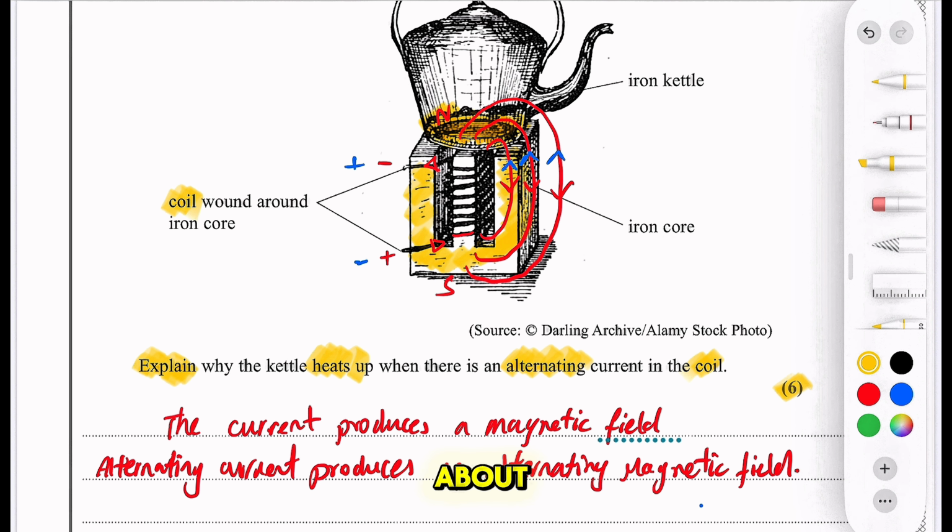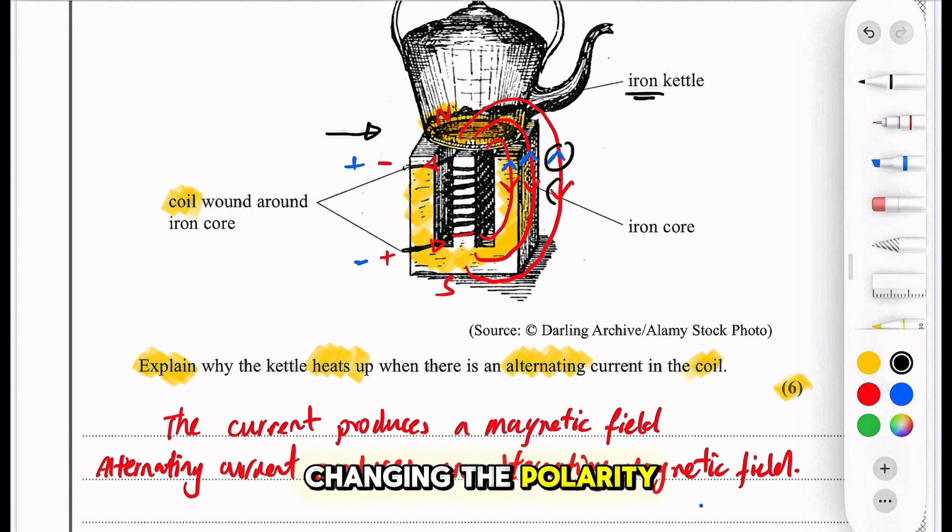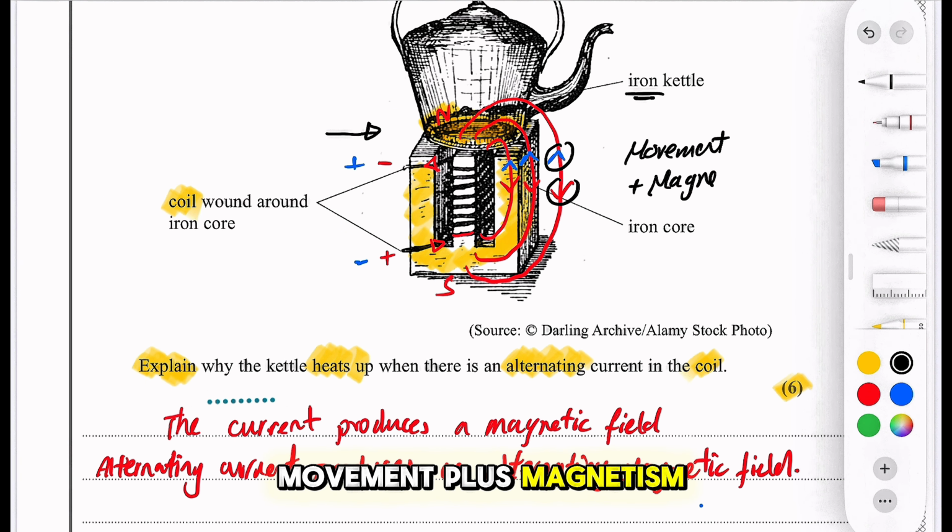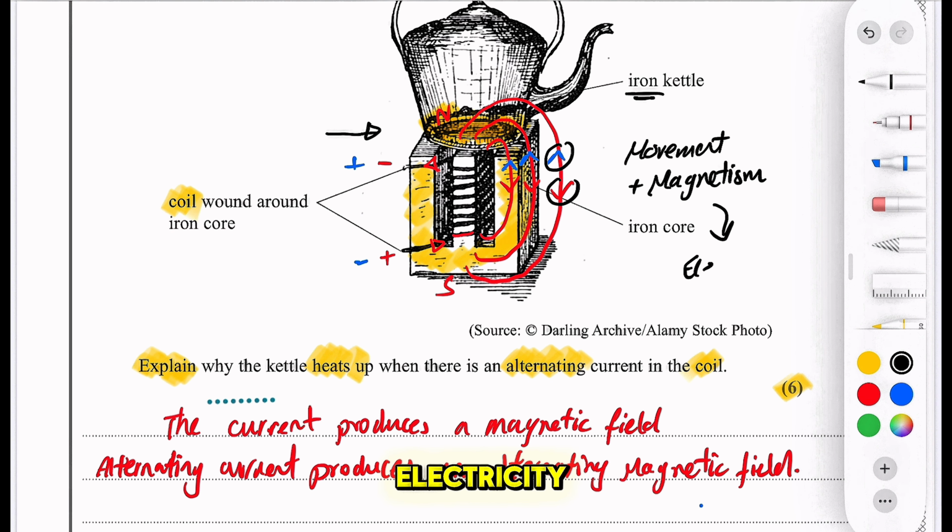There is one thing here that is really important. If you think about the lower part of the iron kettle, the iron is a good conductor, and you keep changing the polarity of the magnetic field due to the alternating AC current. I learned in physics if we have movement plus magnetism, it will induce electricity.